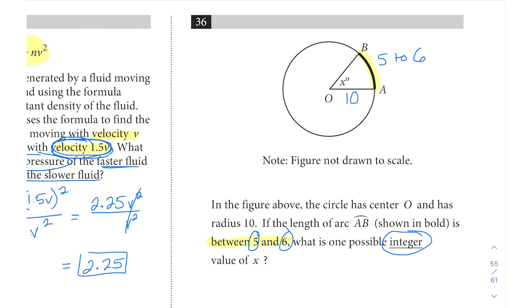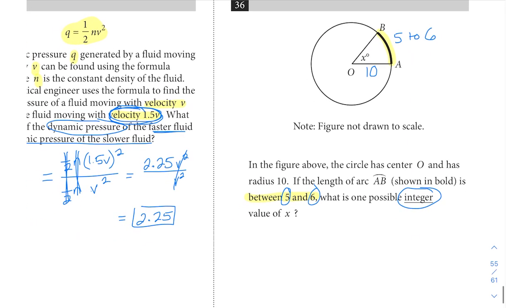So usually with a range of values for a grid-in question, you want to solve both. You're going to treat this as if it's two separate problems. What if the arc length was 5? And then separately, do a separate calculation altogether. What if it was 6? And then your resulting values will tell you the range of possible answers that you can input. So let's see how that works here.